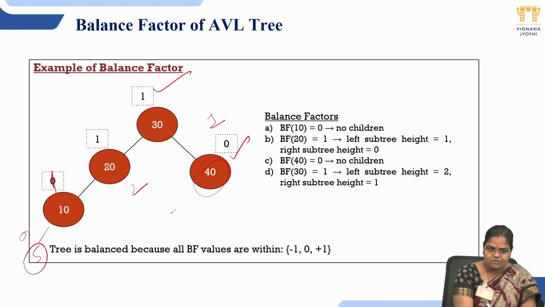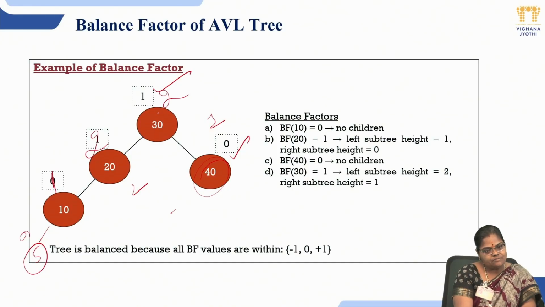Now coming to the balance factor of 20, here I'll be having 2. This is left heavy, that is, the left subtree is heavy when compared to the right, since there is no right subtree. Similarly, for the 30 node, the height of the left subtree is 3, the height of the right subtree is 1. So 3 minus 1, 2.